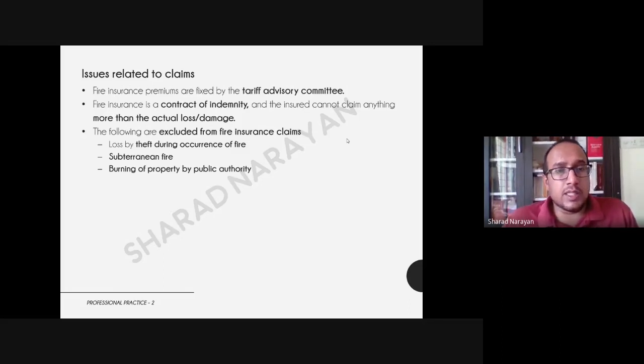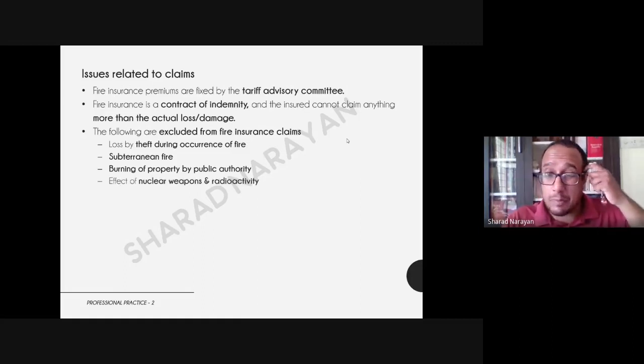Again, this we already talked about. A public authority decides to demolish or destroy a building which is either violating something or has been completely condemned for a lack of safety. In such cases, you cannot claim for fire insurance.